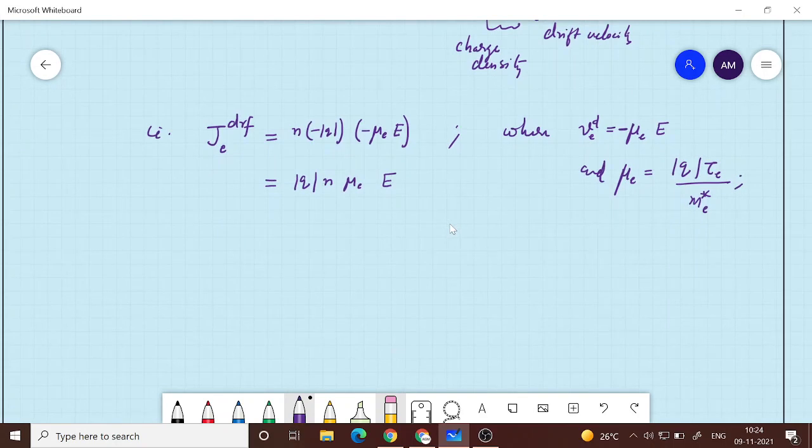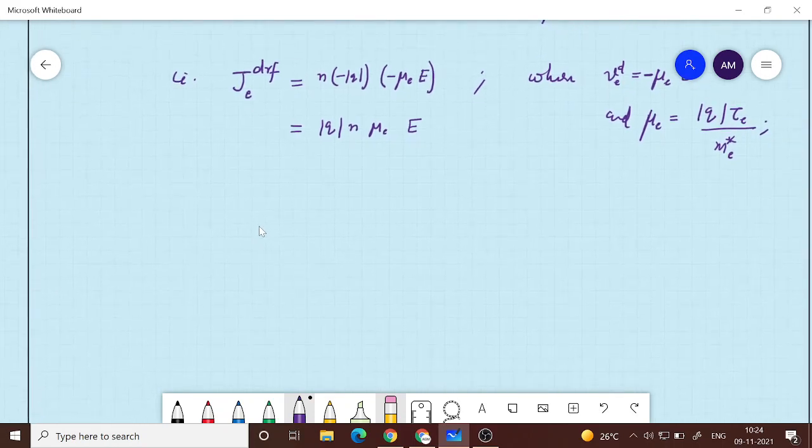We have derived Ohm's law by considering the motion of electrons. Now this is only part of the story, but we can have drift due to the holes also.